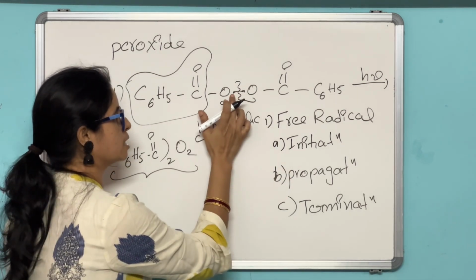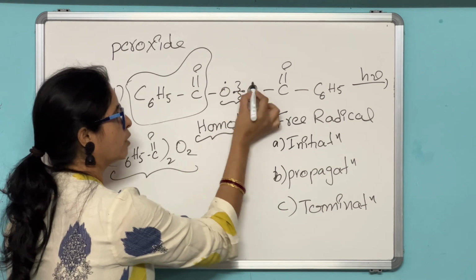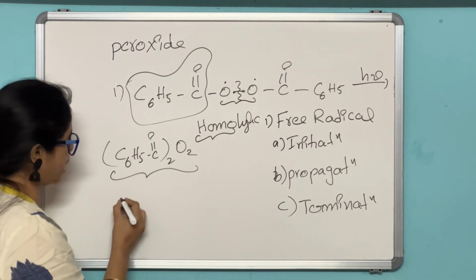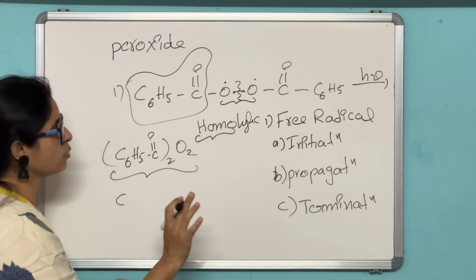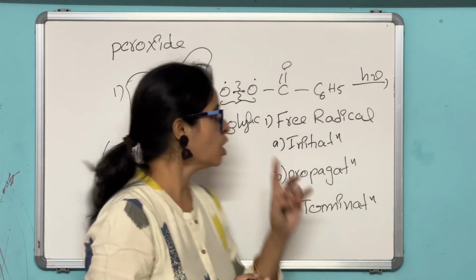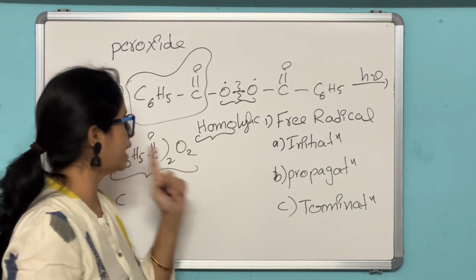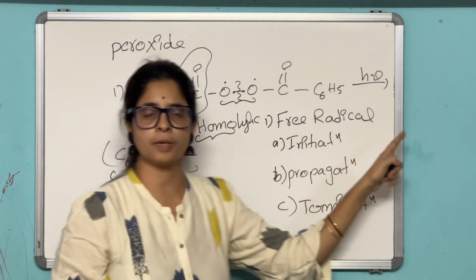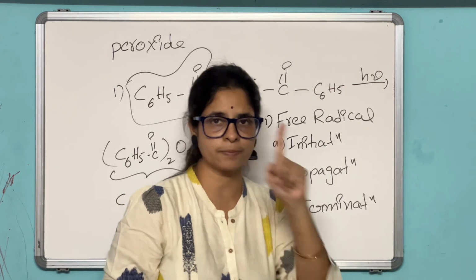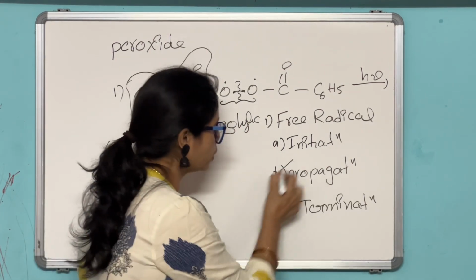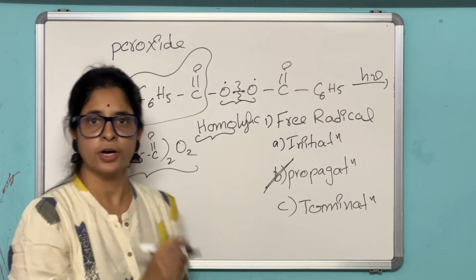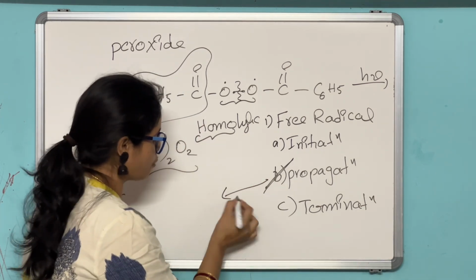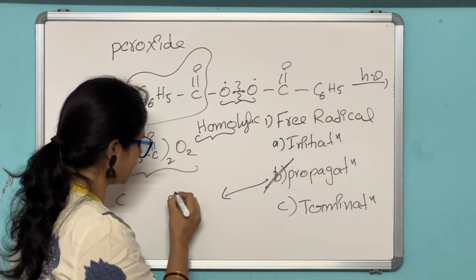So if you break this bond, here this will get 1 electron and this will get 1 electron. So I don't want to discuss the complete mechanism. I just want to tell you that as this is taking place through the free radical mechanism, you remember one point. During the propagation step, there is a formation of a secondary radical.